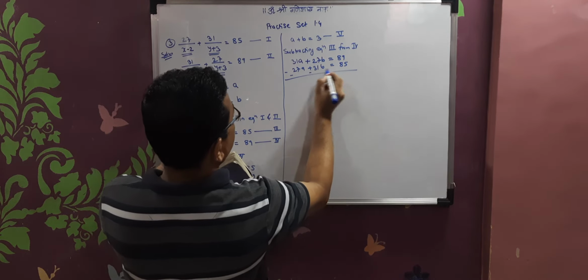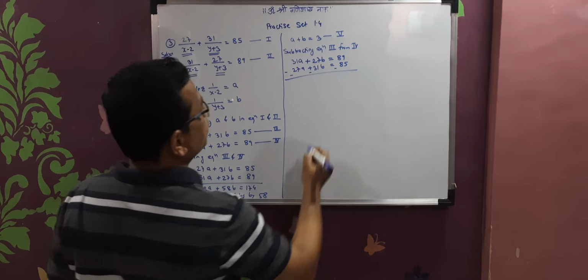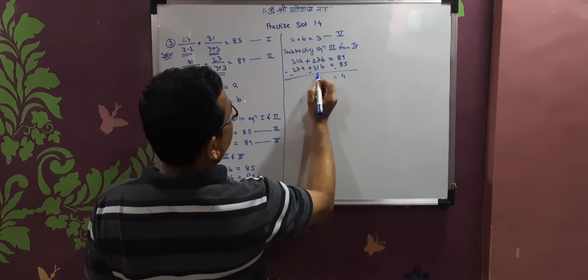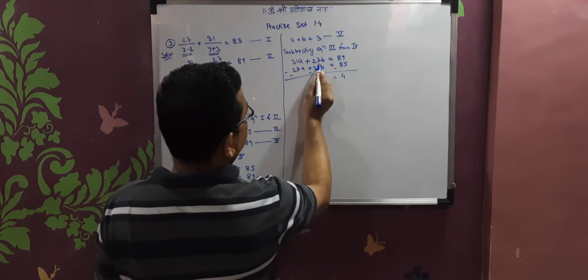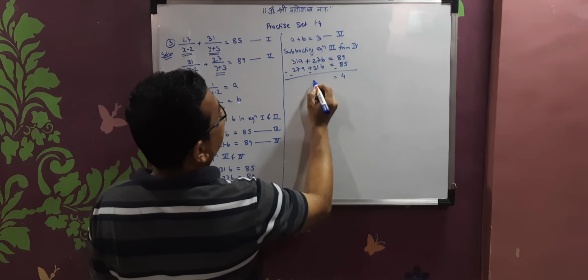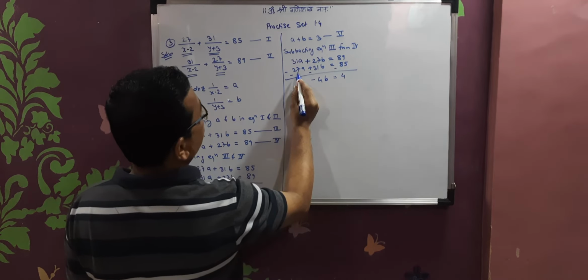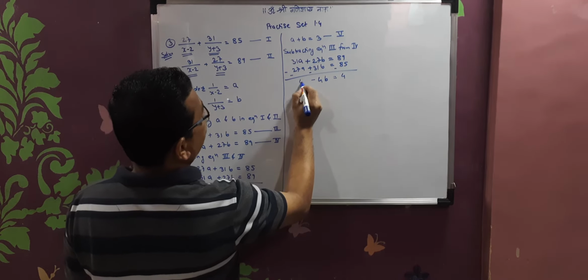So this minus and here also minus. 89 minus 85, answer is 4. Then 27 minus 31, answer will become minus 4b. Here 31 minus 27, answer will become 4a.